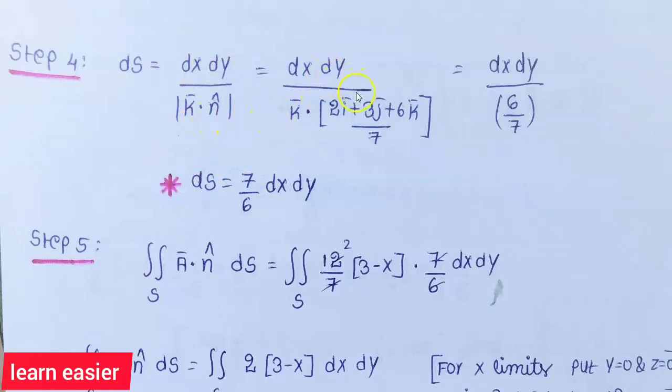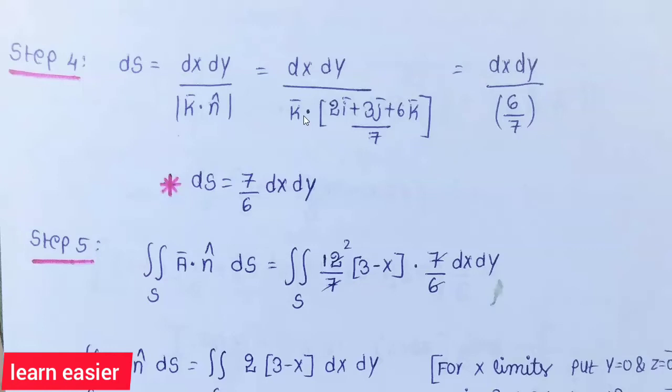So k bar dot n cap is what? 2i bar plus 3j bar plus 6k bar by 7. So as we all know, in the dot product i bar dot i bar is 1, j bar dot j bar is 1 and k bar dot k bar is 1. But i bar dot j bar is 0, j bar dot k bar is 0 and i bar dot k bar is 0.